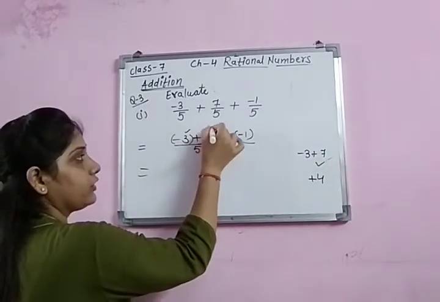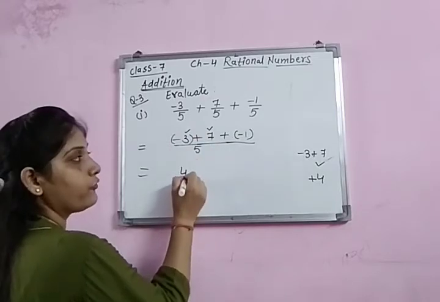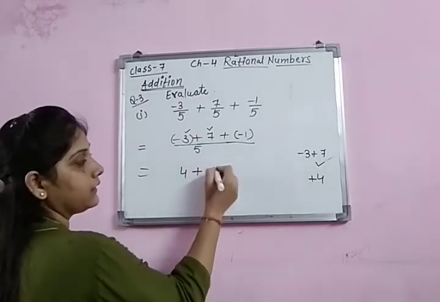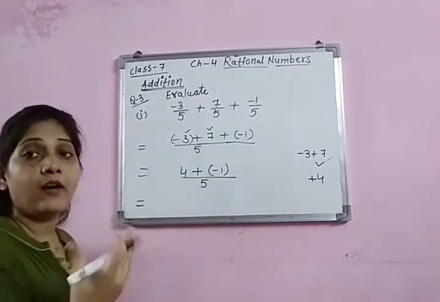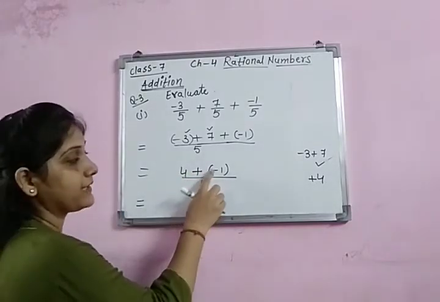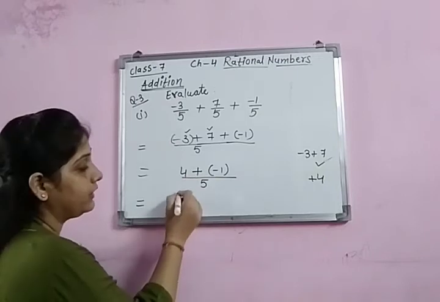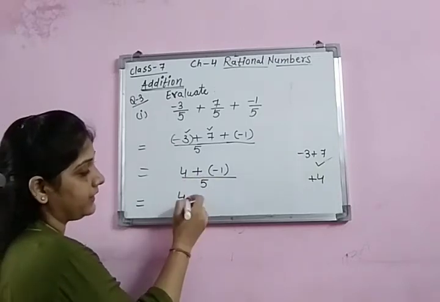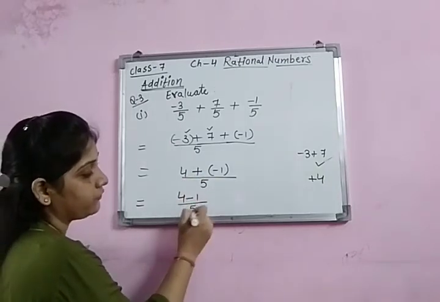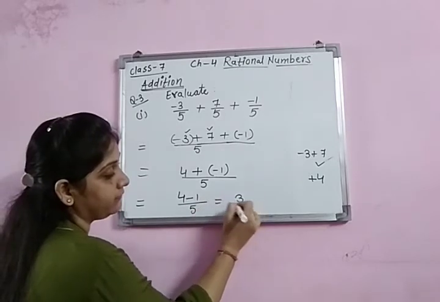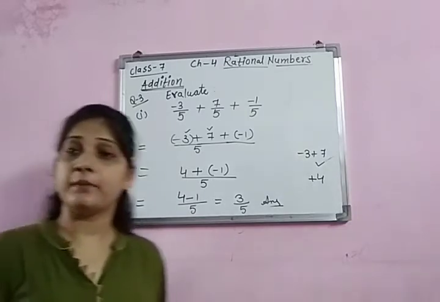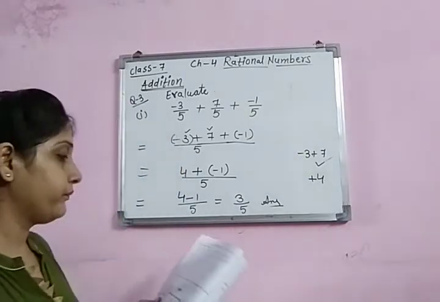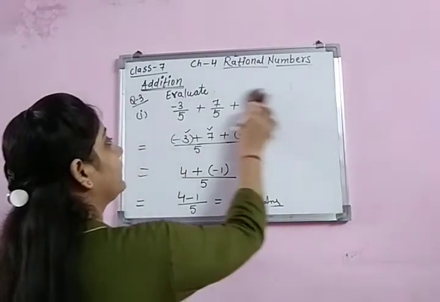So the solution of these two will be 4 only. And the third number remains as it is. Okay. Now 4 minus 1, because plus minus is minus, it can be solved and written like that. Single number. 4 minus 1 gives me 3 by 5. Open the bracket. We are opening the bracket by multiplication also. This is for equal denominators.